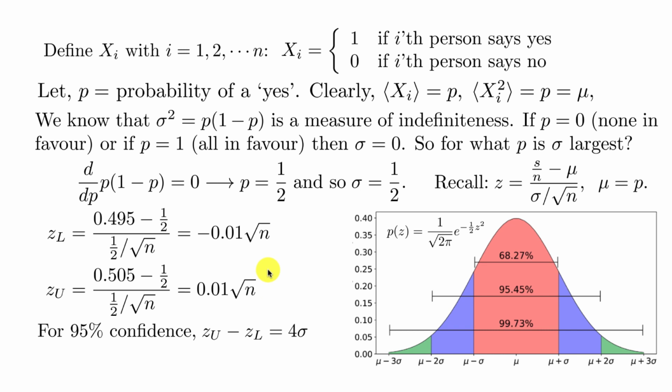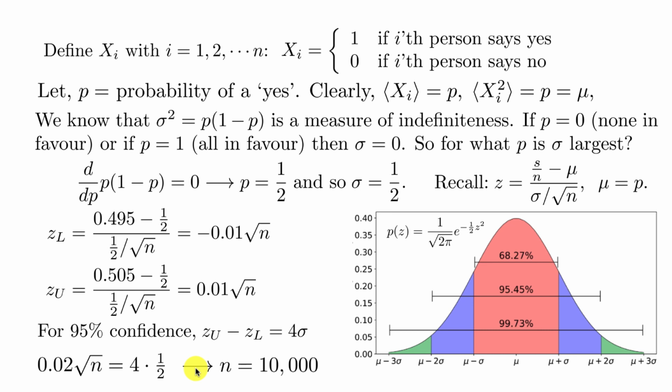Let's take the difference between this and this. Well, that's z upper minus z lower. That should be equal to 4 times sigma. Let's just put in their difference, which is 0.02 square root of n. And now that's 4 into sigma. Okay, so just simplify. And that says n has to be 10,000.